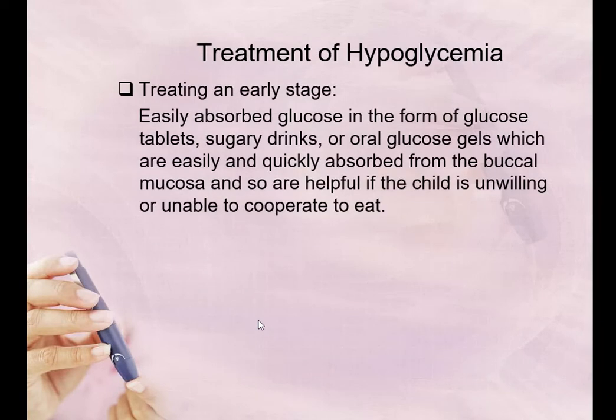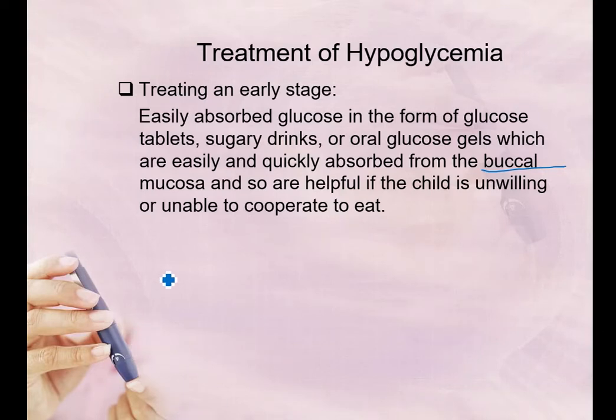Treatment of hypoglycemia. In an early stage, give easily absorbed glucose in the form of glucose tablets, sugary drinks, or oral glucose gel, which are easily and quickly absorbed from the buccal mucosa and so are helpful if the child is unwilling or unable to cooperate to eat.